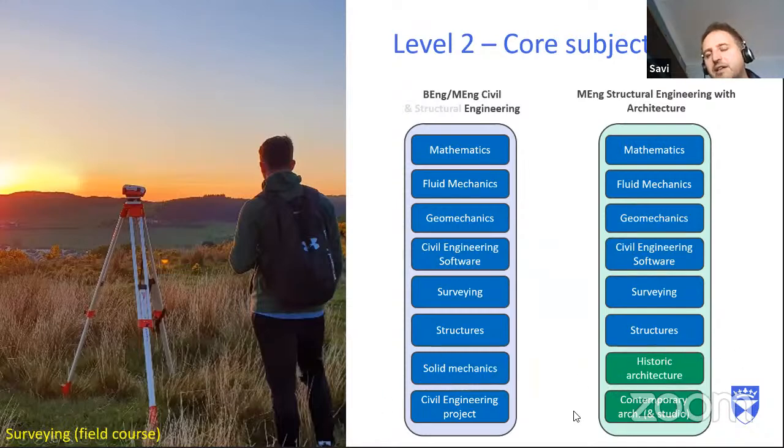While the students in structural engineering with architecture will basically take up a module of historic architecture, the history of architecture, and also another studio-based module in which you will learn about contemporary architecture and also the precedents. So basically you learn what are the examples of very nice and good architecture from the past that we need to consider in order to be a good designer.